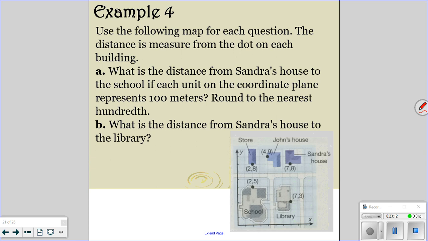Alright, so let's look at this one. We have a map, and it tells us that the distance is using the dots for each building. So what is the distance from Sandra's house to the school? So we're just going to use our distance formula.